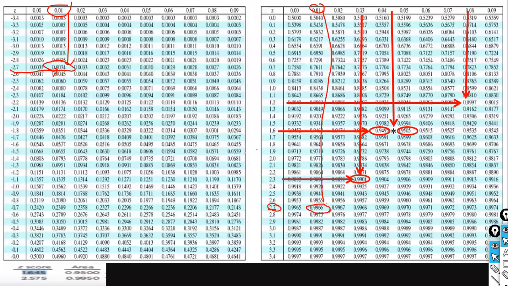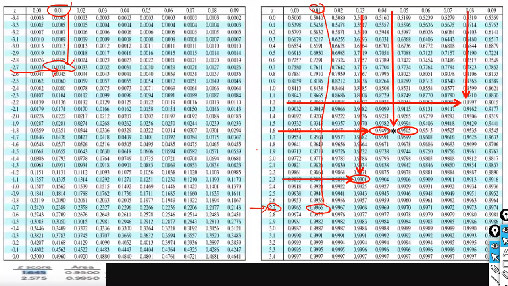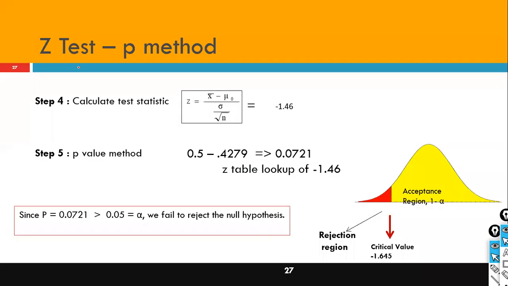You need to do a lookup in your z table here. For the z value minus 2.71, you need to do a lookup in this table. So here it gives 0.9966. Since it's a left tail test, you need to take into account 0.0034.